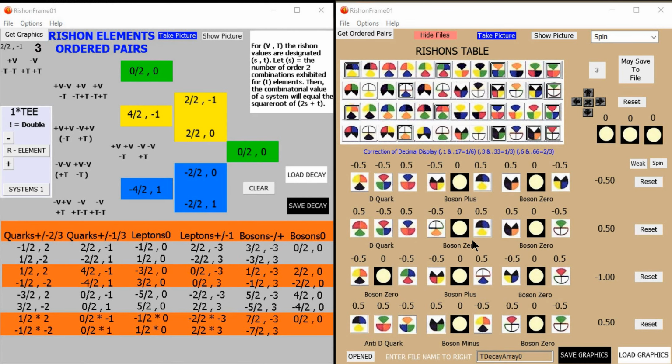Now we're going to investigate the spin quanta. So again, starting with the T-quark, we will see that the generic D has a spin of plus 1/2, minus 1/2, and minus 1/2, which sums to minus 1/2 on the generic D-quark.